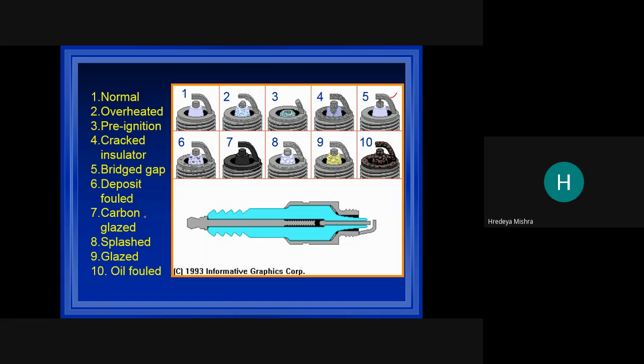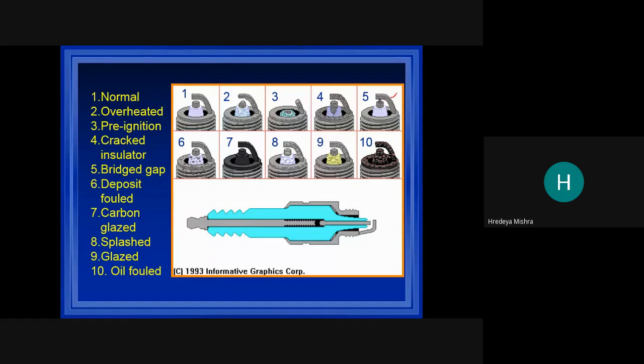7th, carbon fouling. 8th, a different type of material is used for the electrode and the side electrode, and it is splashed. See here, this splashed condition is also not suitable for the spark. And 9th is glazed and oil flooded.